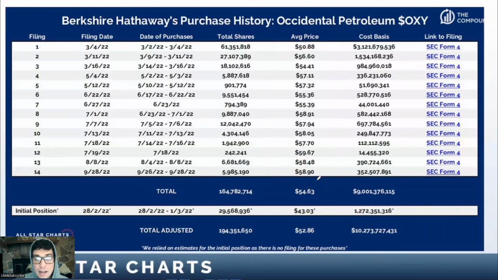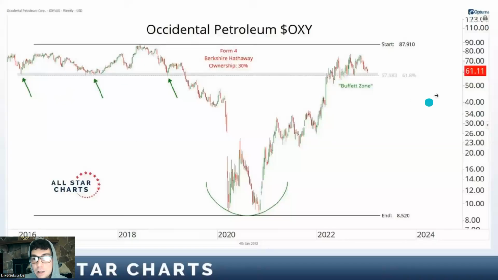He's got an average cost of $54.63, and he owns like $9 billion worth of this company, right? So really, really wild. Been accumulating tons and tons of shares at a time. And if we go ahead and take a look back at the chart, he's accumulating here between 50 and 60. So keep that in mind.